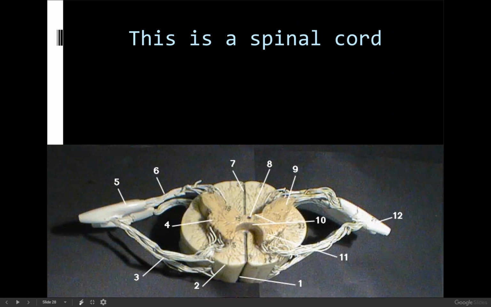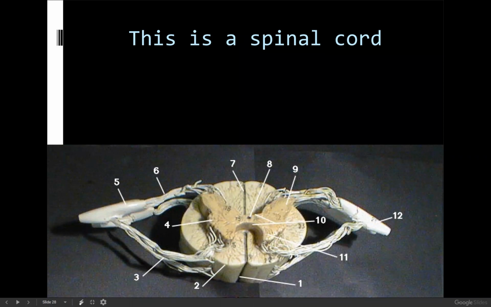So the spinal cord is responsible for conducting impulses to and from the brain. It's also a reflex center in and of itself. It's continuous with the medulla and the brainstem, and then runs down to about L2. The spinal cord consists of a central gray matter shaped like a butterfly. Again, this is where those neuron cell bodies are located.